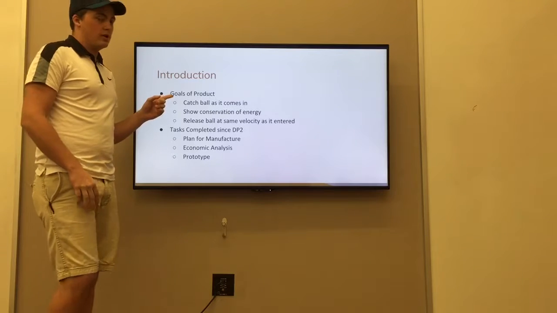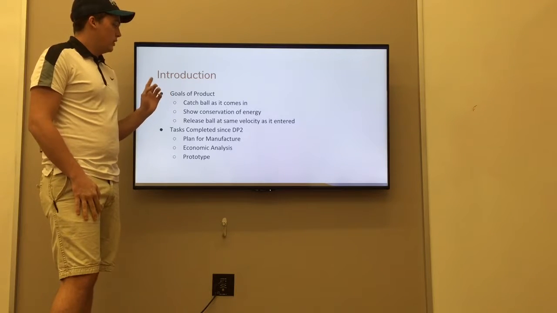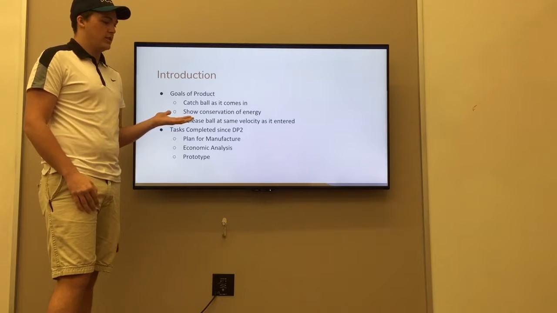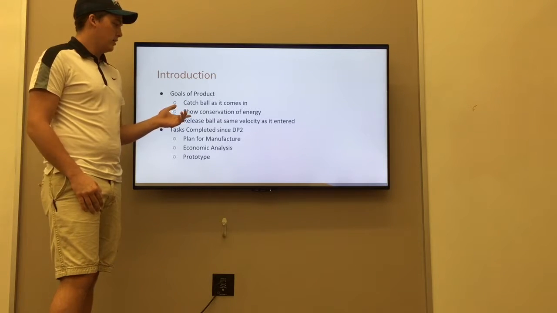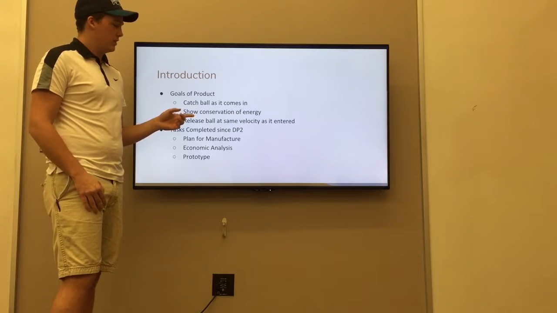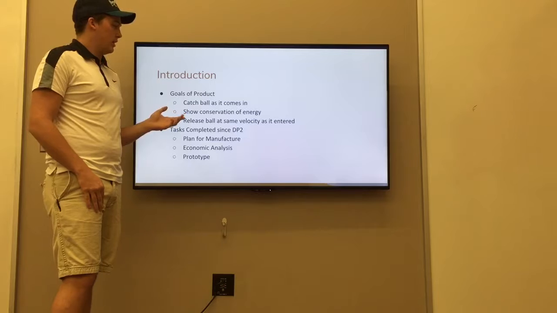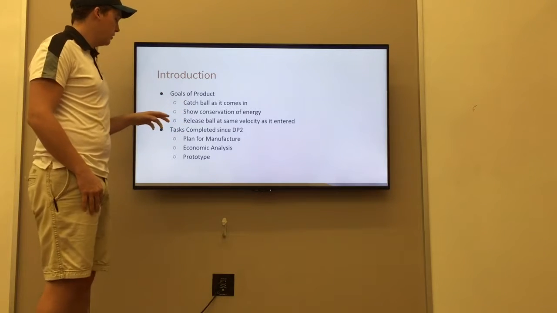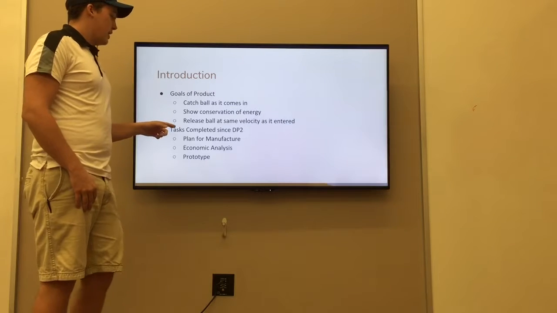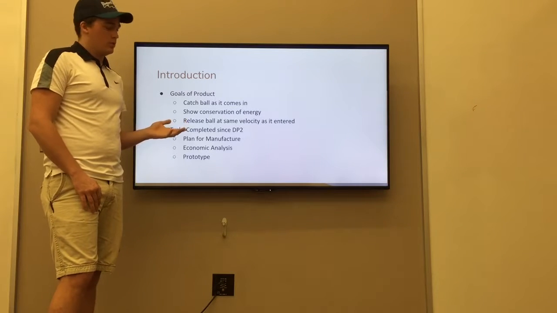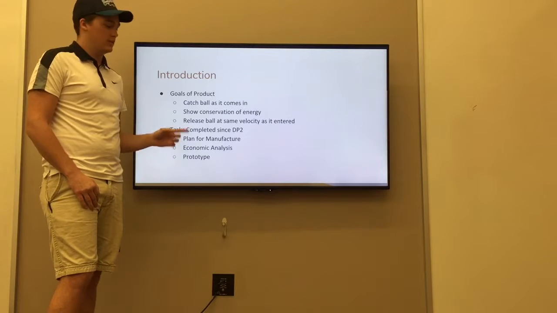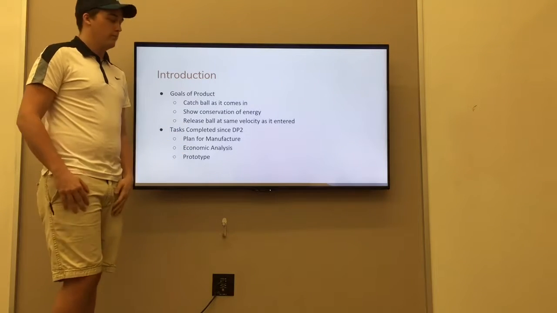The goal for this project was to take a ball and perform a scientific task with it, which we ended up picking to be the conservation of energy, and then release the ball at the same speed that we were given it, so that in theory all of our projects could be lined up to be a Rube Goldberg machine. For the tasks completed since the last report, which was DP2, we finished the plan for manufacture, we finished the economic analysis, and we finished our prototype.